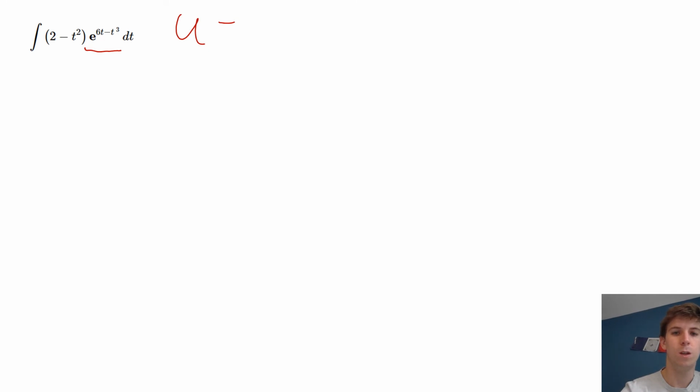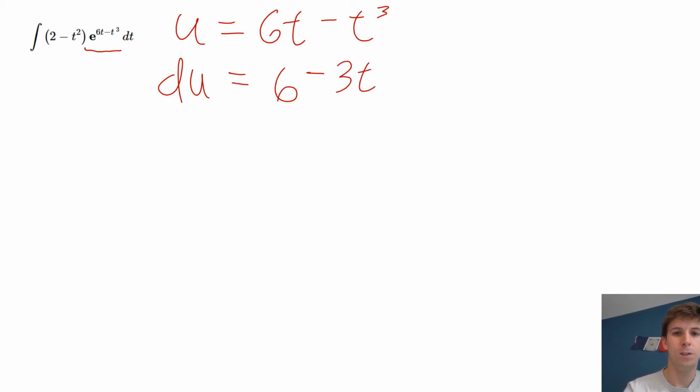So u equals 6t minus t cubed. And then once again, let's get the differential. So du equals 6 minus 3t squared dt.